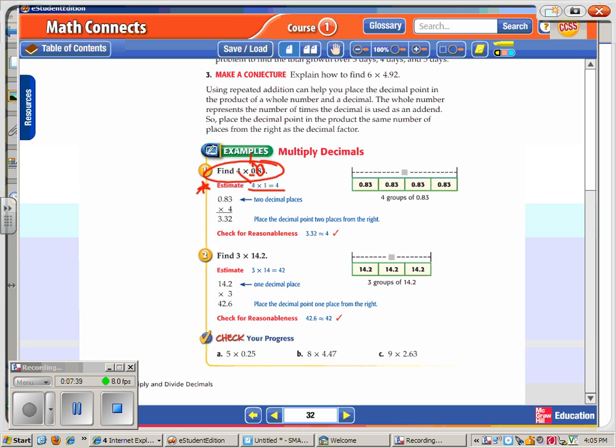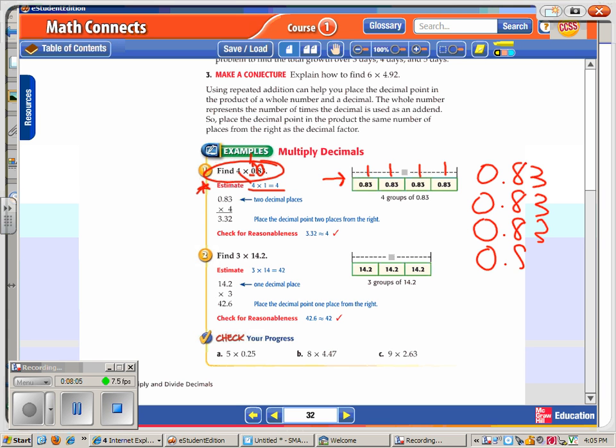Okay. What they're showing you over here is what actually is happening with multiplication. Like we know when we're multiplying something, we're making equal size groups. So we have 4 groups of 83 hundredths, and that's what they've put here for you. 4 different groups of 83 hundredths. So, someone who is kind of struggling could definitely do that.